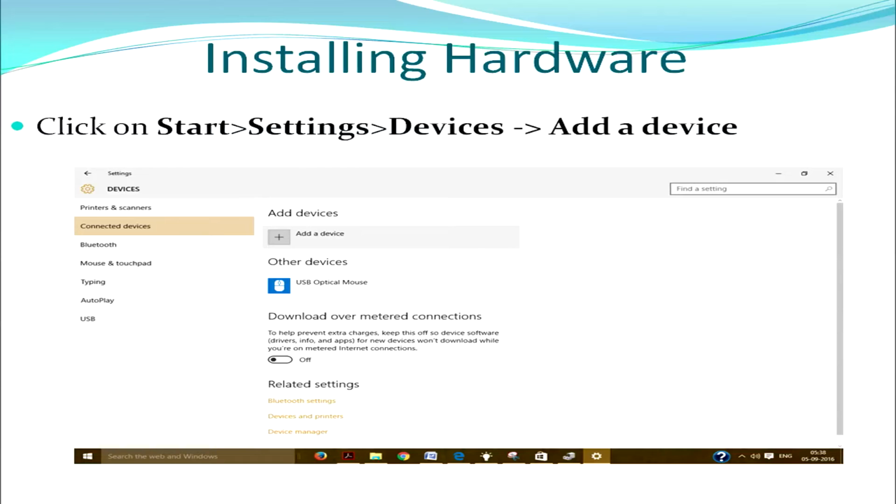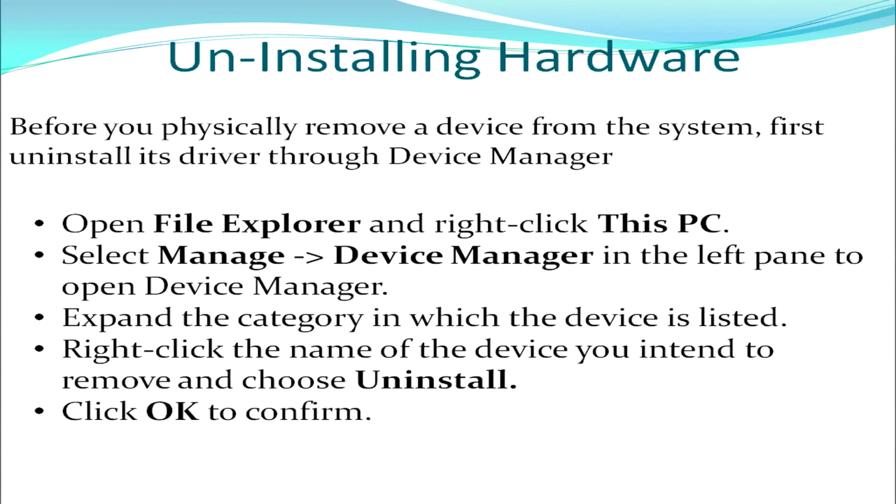Give the path of the driver, whether it is in a CD or it has to be downloaded from the net. Whatever is your source of the driver, give that particular driver. It will start installing, and once it is installed, it will give you the message that installation is complete or done successfully. So, you have installed a driver.